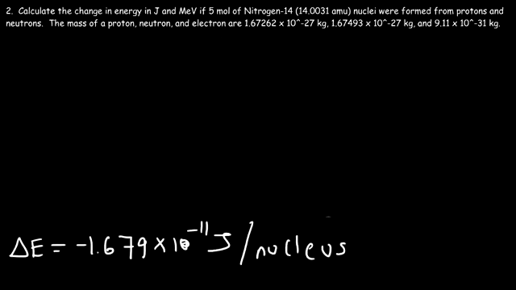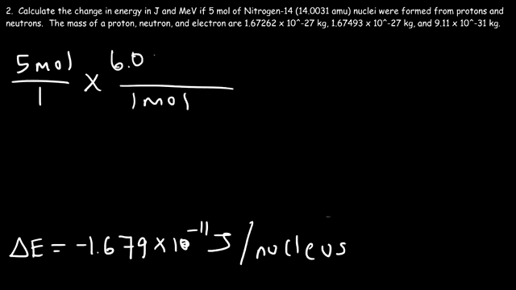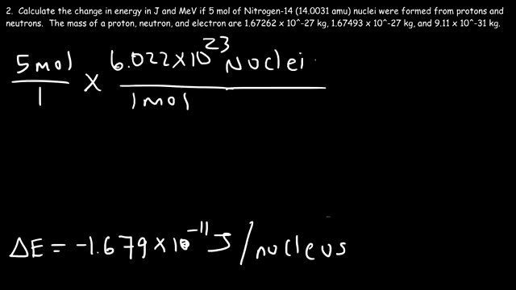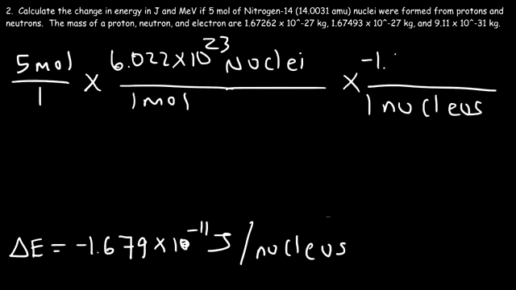What about if 5 moles of nitrogen nuclei were formed? How much energy would be released? Let's start with 5 moles. Now, 1 mole is equal to Avogadro's number, 6.022 times 10 to the 23, and we're dealing with the nitrogen nuclei. And the energy change for just one nucleus is 1.679 times 10 to the negative 11 joules.